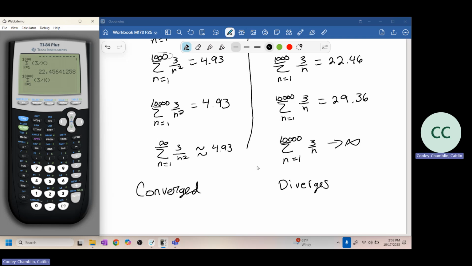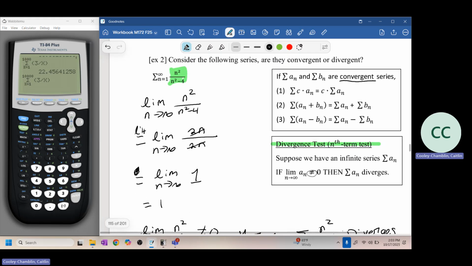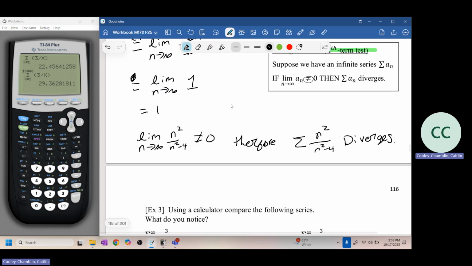So notice how we can use this divergence test, and sometimes it's very helpful. Like in this example 2, we took the limit of n squared divided by n squared minus 4. We found the limit equals 1. And because it's not 0, we automatically knew it was divergent. It diverges.